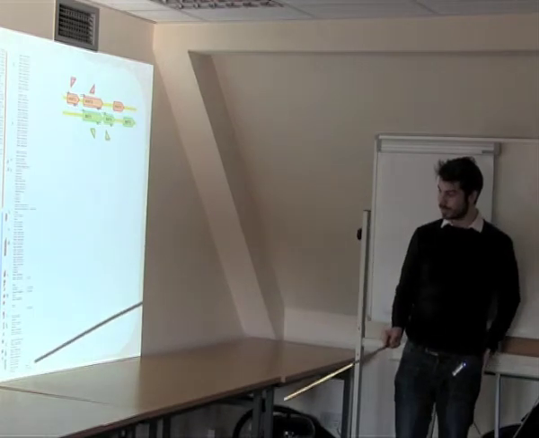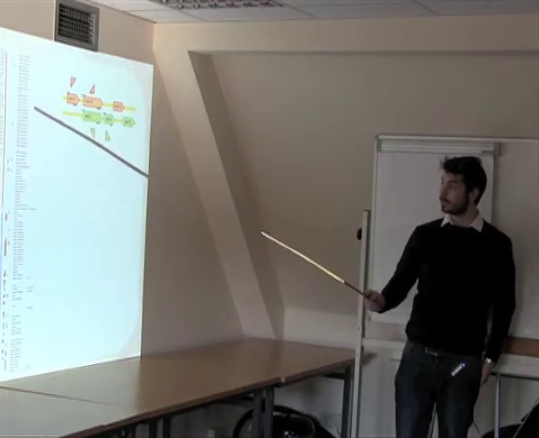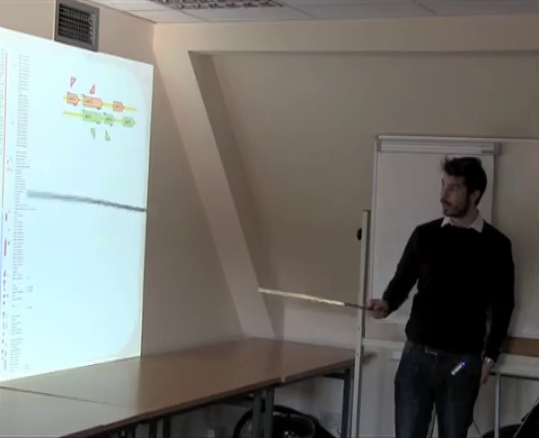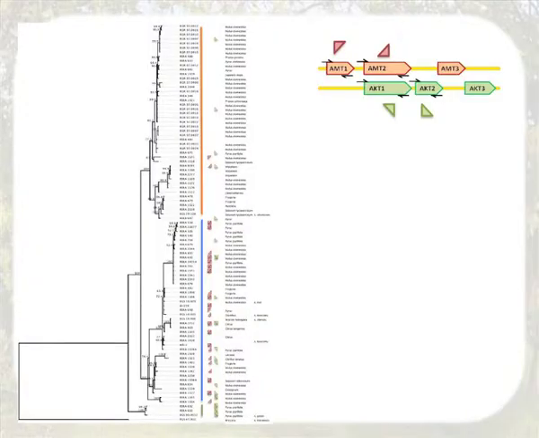And we observed that within phylogenetic lineage 1, no isolates show the presence of both toxin genes. Within lineage 3, all isolates show the presence of both pear toxin genes. And within lineage 2, isolates are present that show the presence of both apple toxin genes.